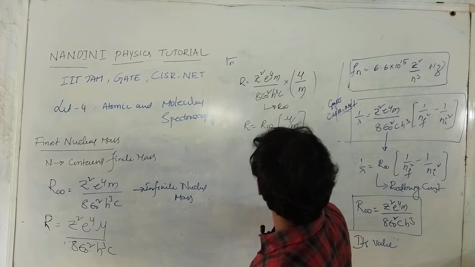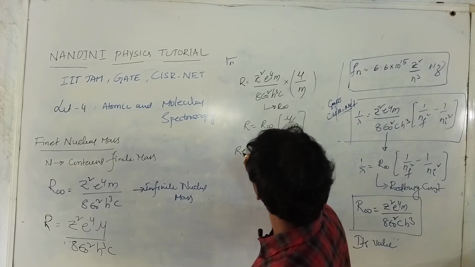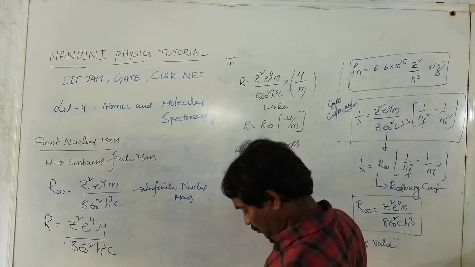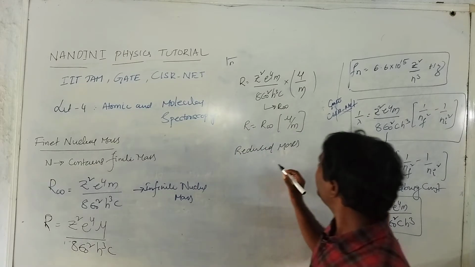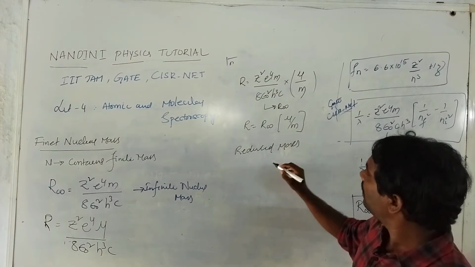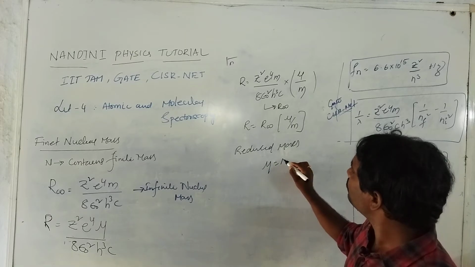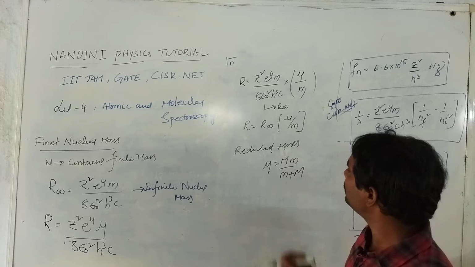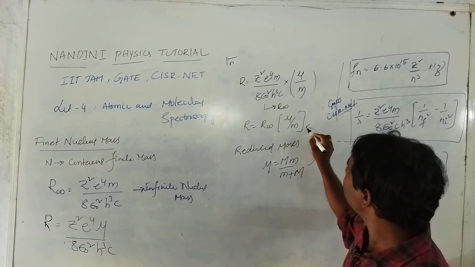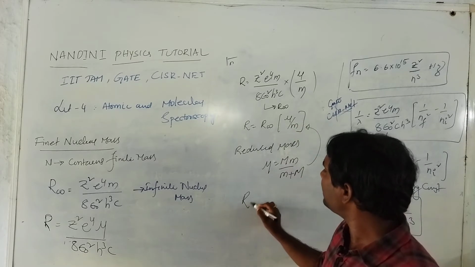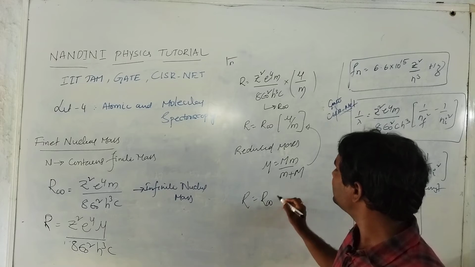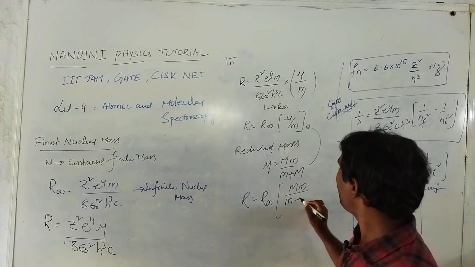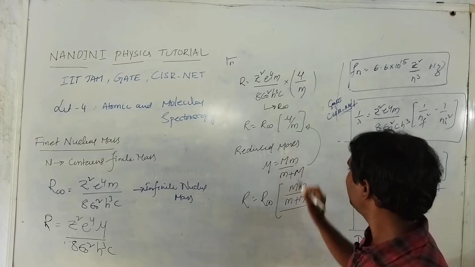Okay. But what is the reduced mass? See, reduced mass is nothing but mu is equal to capital M small m by small m plus capital M. So this is the reduced mass. So simply introduce reduced mass in turn. So R is equal to R infinite of capital M small m divided by small m plus capital M divided by m.